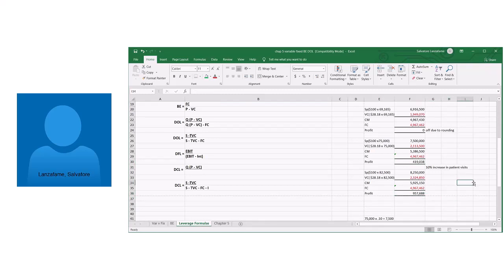So we had a 10% increase in selling price. What kind of an increase percentage-wise did we have in the bottom line?